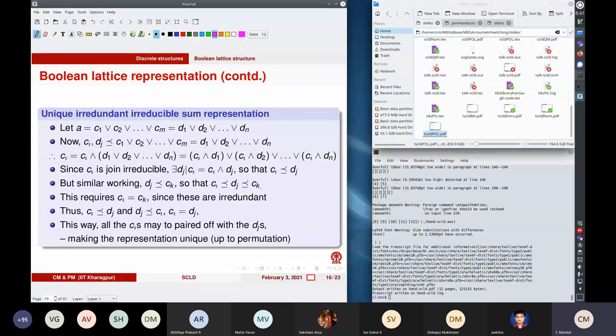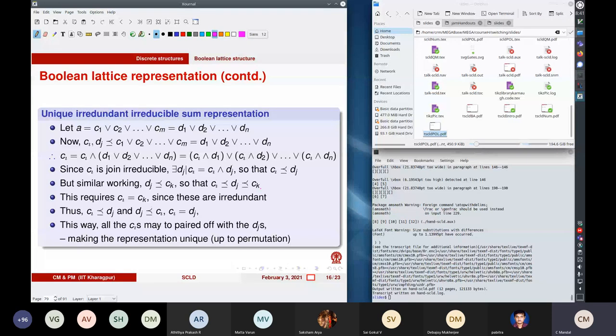So if you consider the atoms, you can have 2 to the power n possible subsets.